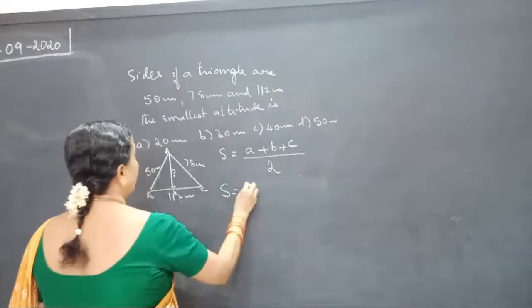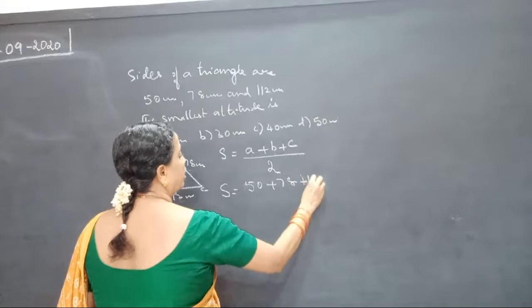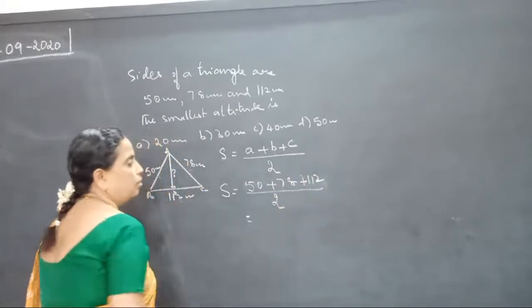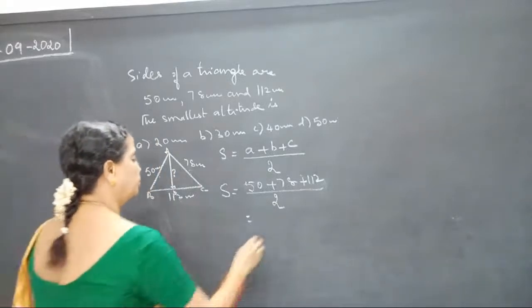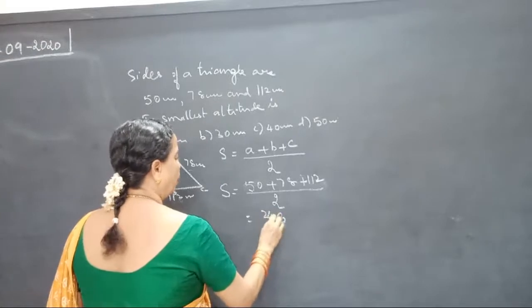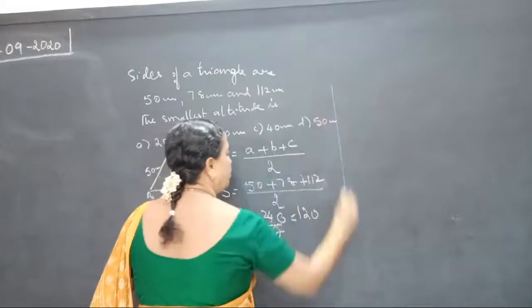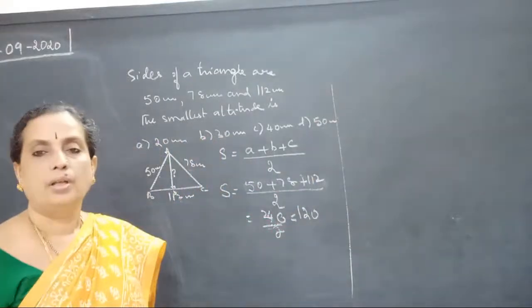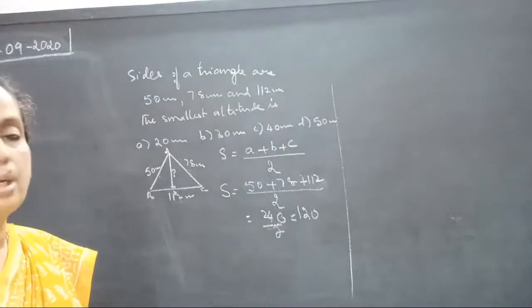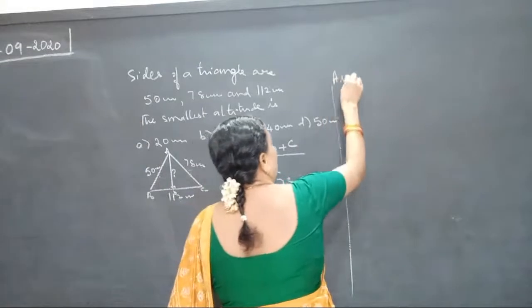The sides are 50 centimeter, 78 centimeter, 112 centimeter, divided by 2. What will we get? 240 by 2, it is 120. So the semi-perimeter is 120.